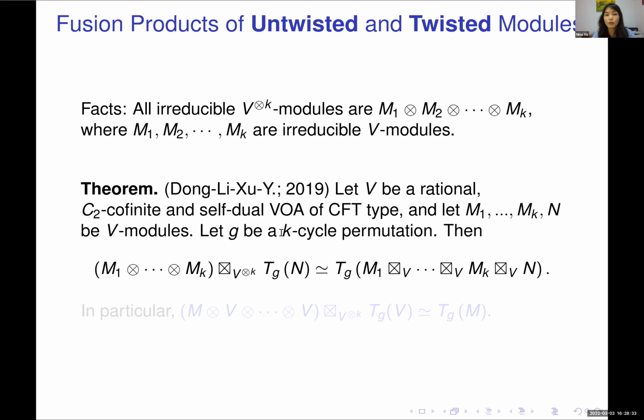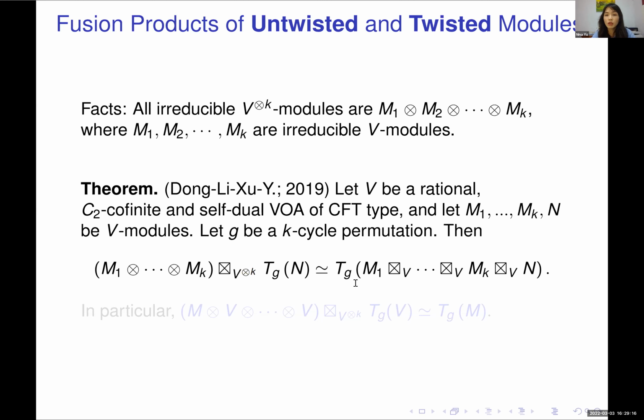We were able to prove that if you consider the tensor product of an untwisted module and a twisted module for the tensor product VOA, this is equivalent to the following. The right-hand side, M1 tensor through Mk tensor N, are tensor products of V modules. This gives you some V module, and the corresponding G-twisted module for the tensor product VOA is the result for the tensor product of the untwisted and the twisted module.